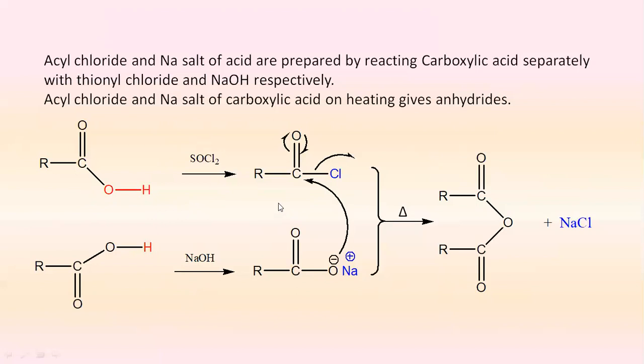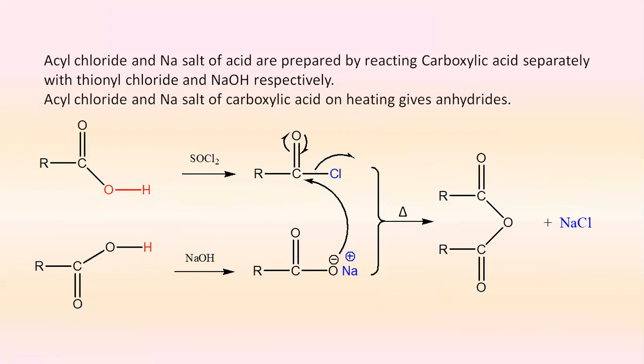The OH group is replaced by Cl, meaning formation of the acyl chloride RC double bond OCl takes place. See the second reaction: the acid reacts with NaOH. Only the hydrogen is removed, and Na plus is added. By the removal of H2O, it forms the sodium salt of the carboxylic acid.